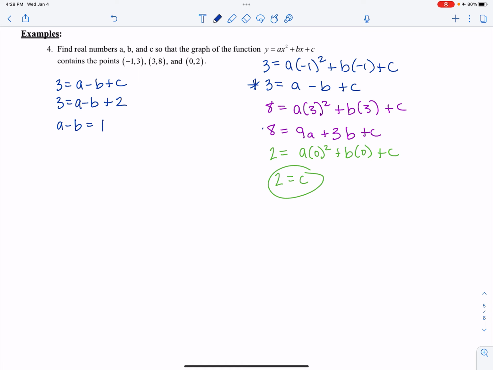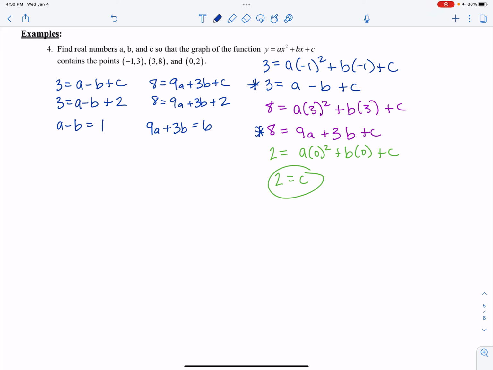And now let's do this one. We've got 8 equals 9a plus 3b plus c. And we know c. 8 equals 9a plus 3b plus 2. And if we subtract the 2, we get 9a plus 3b equals 6.